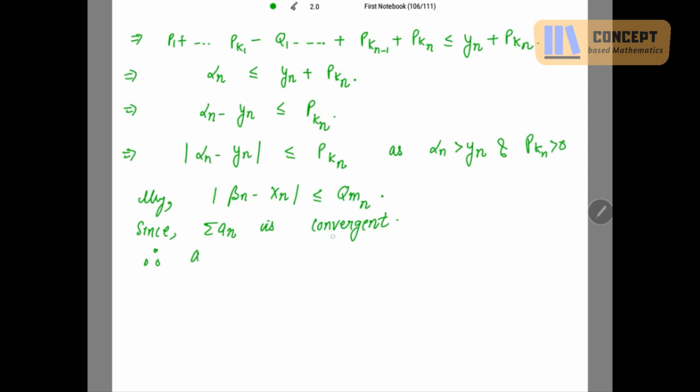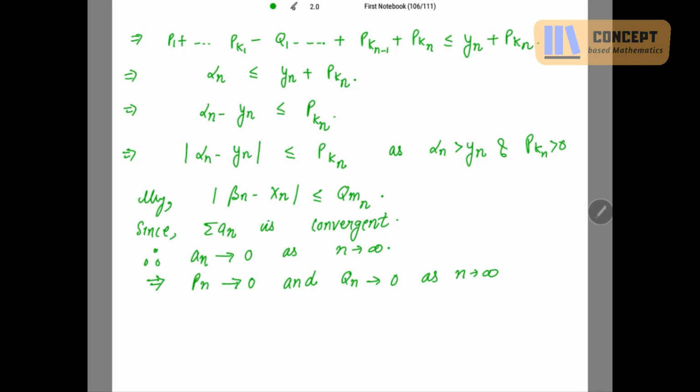So because it is convergent, I am using the definition for convergent: an tends to 0 as n tends to infinity. This is the definition for convergent, which implies pn tends to 0 and qn tends to 0 as n tends to infinity.